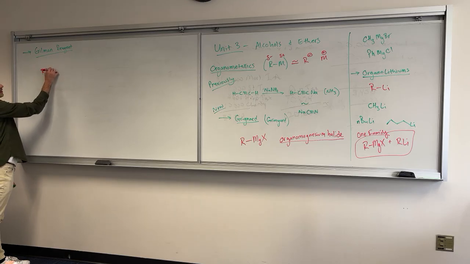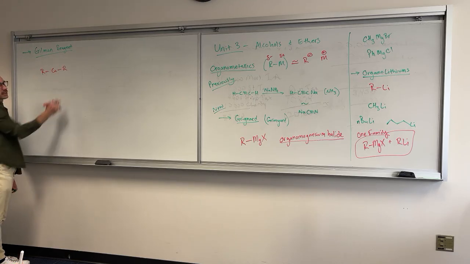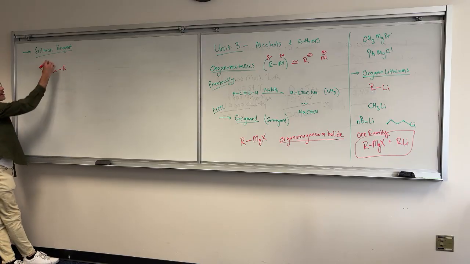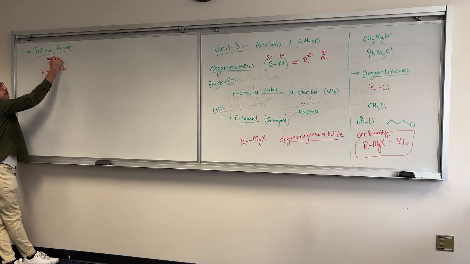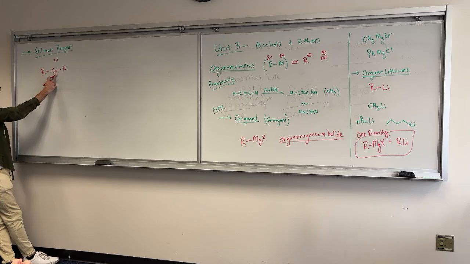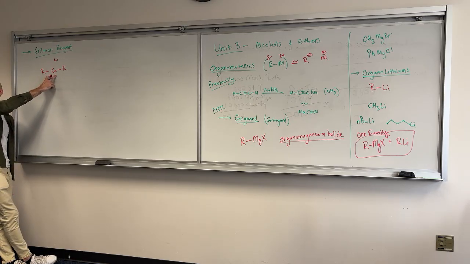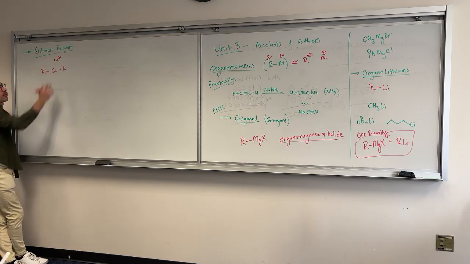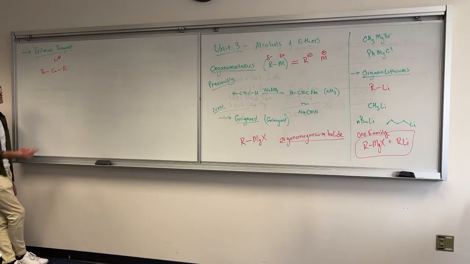The Gilman reagents have two equivalents of an organo group bonded to a copper, and that's copper 1+, copper 1, not copper 2+. Because that's copper 1 balanced by two R groups, it's also balanced by a lithium ion.